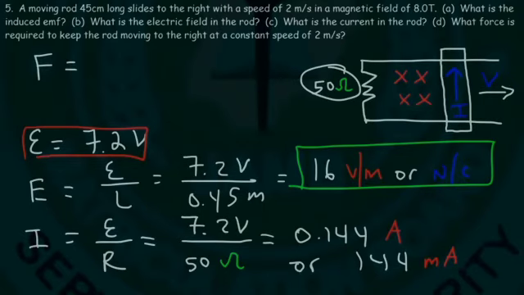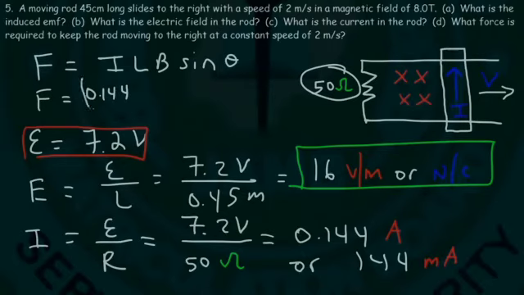The magnetic force that acts on a wire with a current is equal to ILB sine theta. We can use the same equation to find out the force required to move this rod, because that force will generate a current. The current in the rod is 0.144. The length of the rod is 0.45 meters. The magnetic field is 8 Tesla.